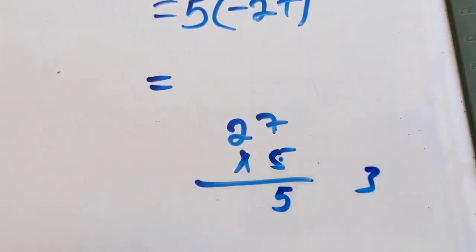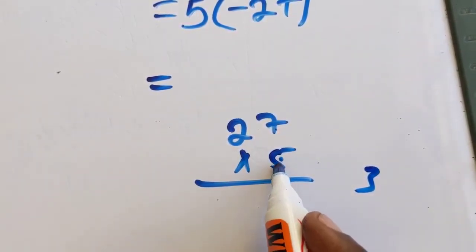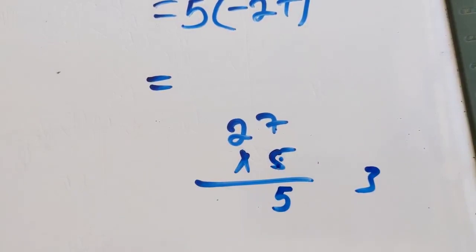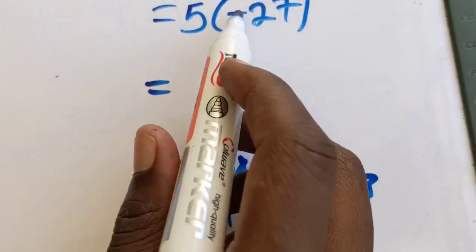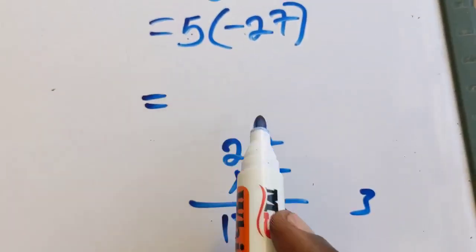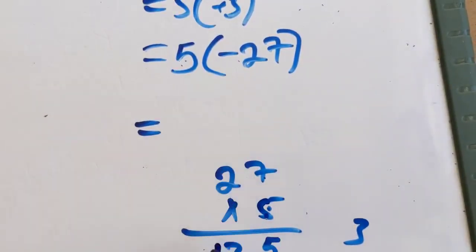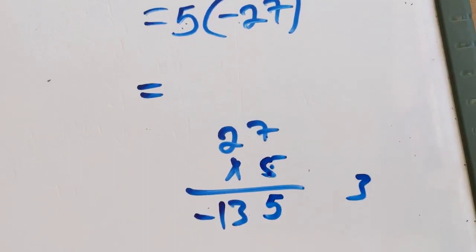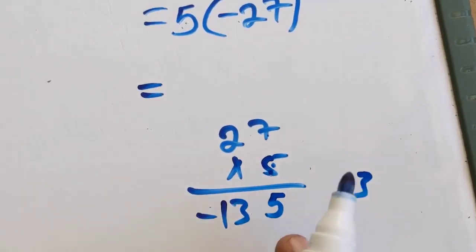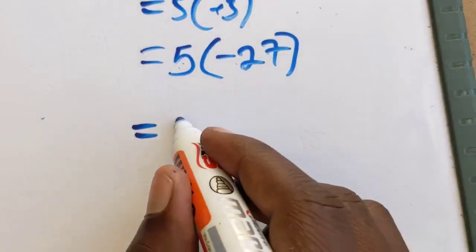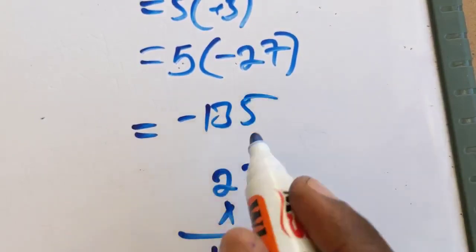So you put 5, carry 3. Then 5 times 2 is 10, 10 plus 3 is 13. When a positive number is multiplied by a negative number, the answer has to be negative. So the fourth term is going to be negative 135.